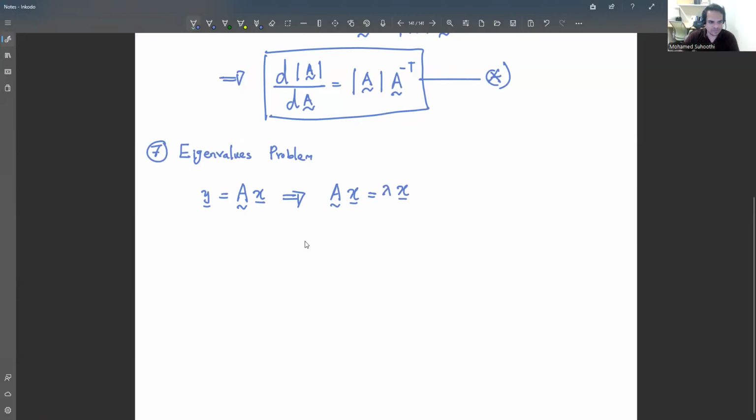This constant is called the eigenvalue. Then the corresponding vector, when you multiply one matrix and one vector and get that vector with the constant, is called the eigenvector. Eigenvector and eigenvalue are each one word, not two words.